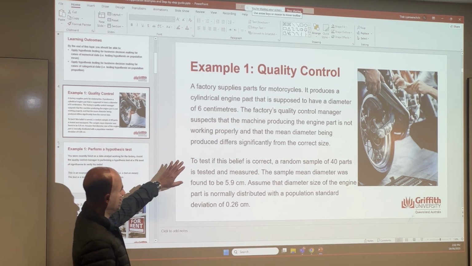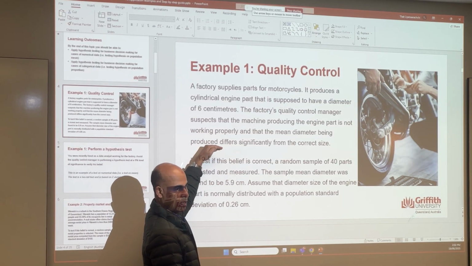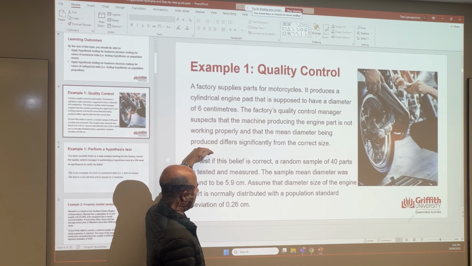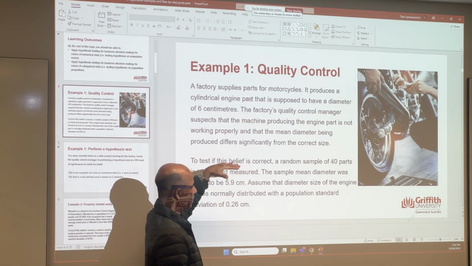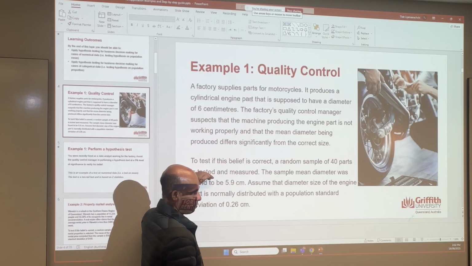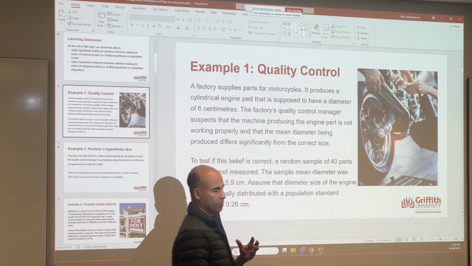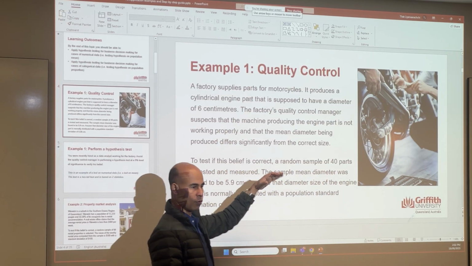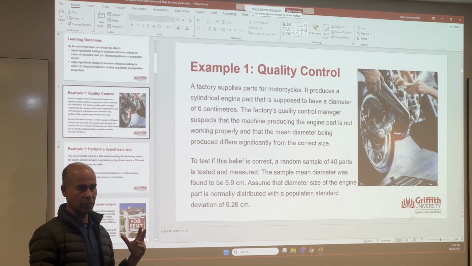Anyway, the manager believes that there is an error, a fault in the machine. Faulty means they are not actually producing the correct size. Now they want to test whether this is true or false. In order to test it, they take a sample of 40. What did they get from the sample?